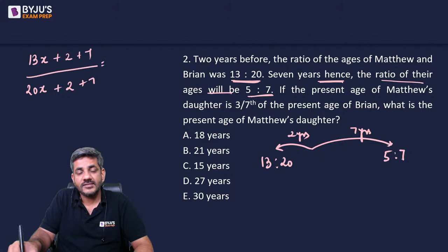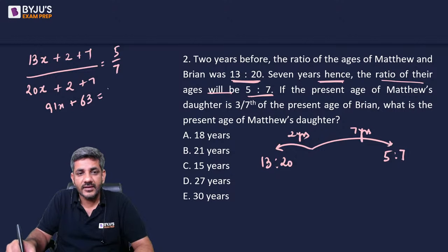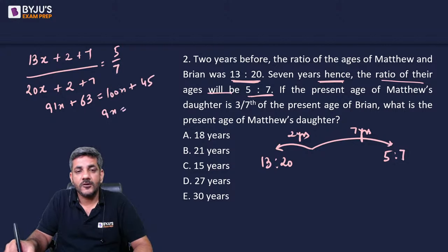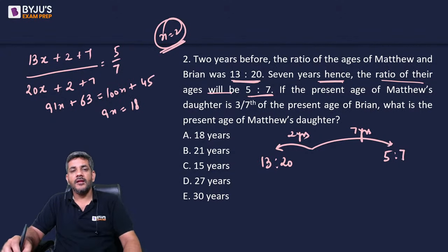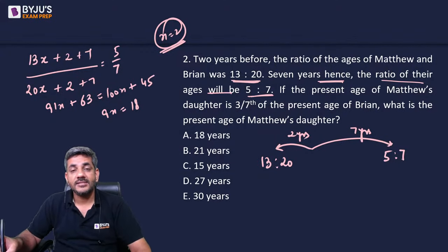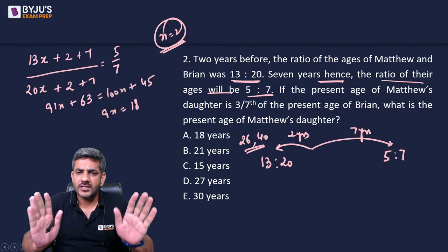The question says this ratio is equal to 5 is to 7. So I will have 13 sevens are 91x plus 9 sevens are 63 is 100x plus 9 fives are 45. This gives me 9x is equal to 18 or x is equal to 2. So 2 years ago their ages were 26 and 40.